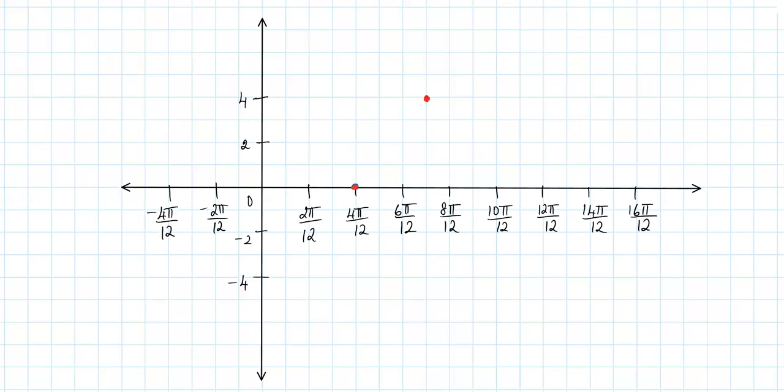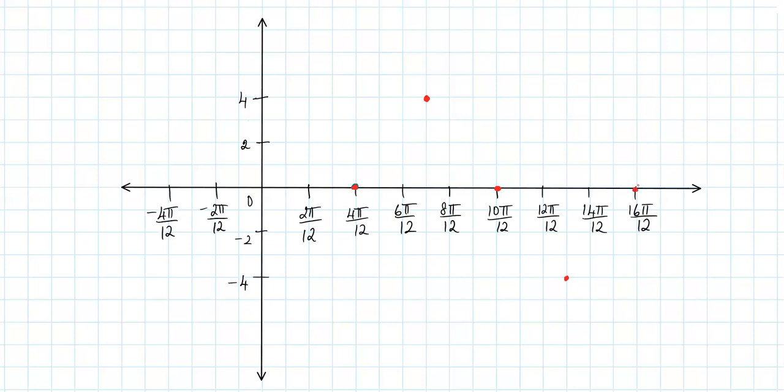What was the next one? 10 pi over 12 and 0. As you place the dots, you're beginning to see the pattern, so that's also good. 13 pi over 12 and -4, so that's the middle one. 13 pi and -4. And lastly, 16 pi over 12 and 0.